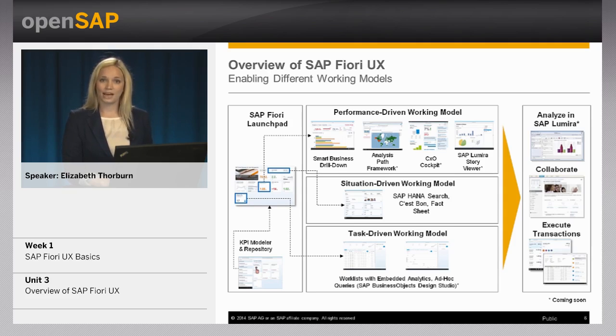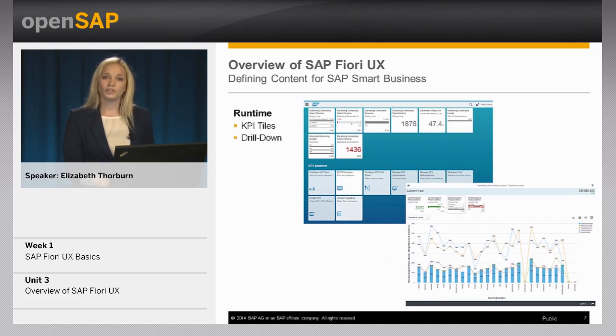The cockpits allow users to analyze and evaluate strategic or operational KPIs with graphical visualization in real time, and to trigger the right action by launching their respective transactions. There are two sides to all the app types supporting SAP Fiori UX. There's the runtime side and then the design time side. The next couple slides will discuss both of these sides with a focus on SAP Smart Business.